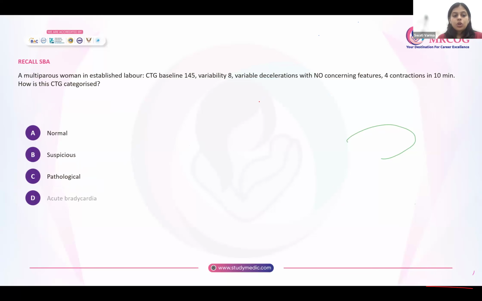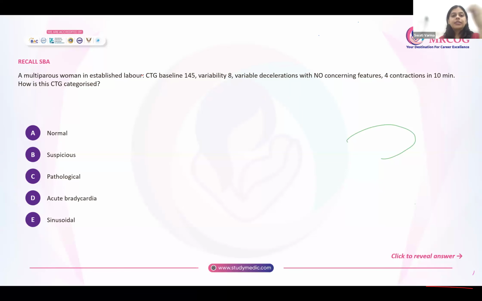So a multiparous woman in established labor, CTG baseline 145, variability 8, variable decelerations with no concerning features, again white, 4 contractions in 10 minutes. How is this CTG categorized?